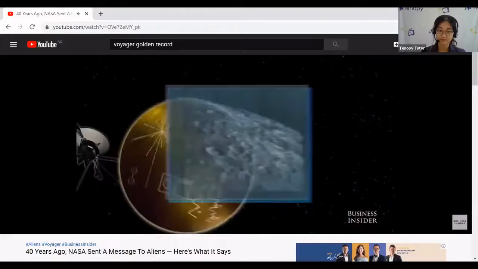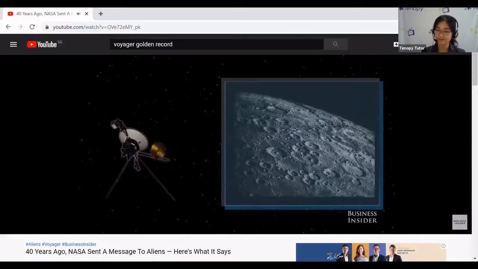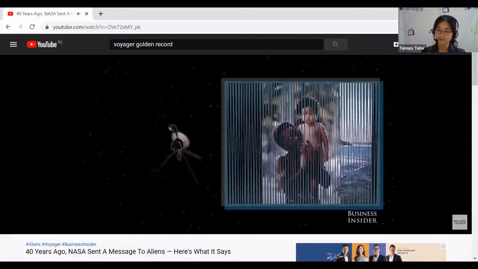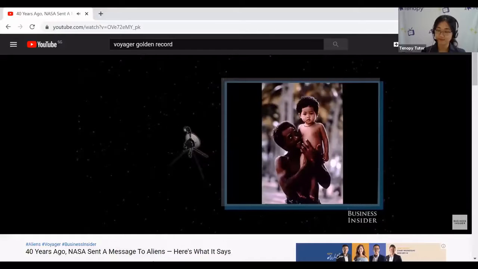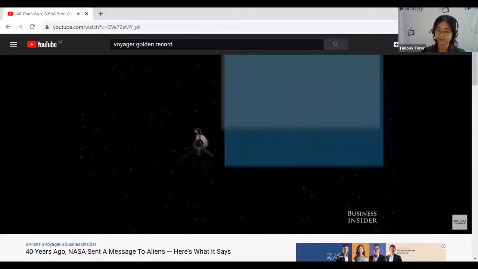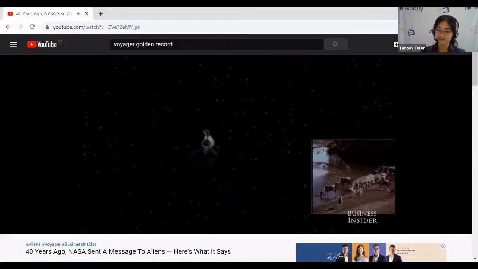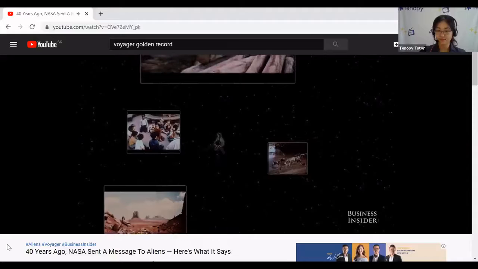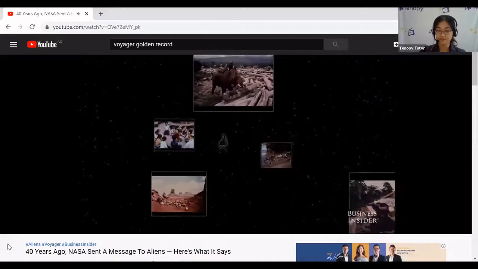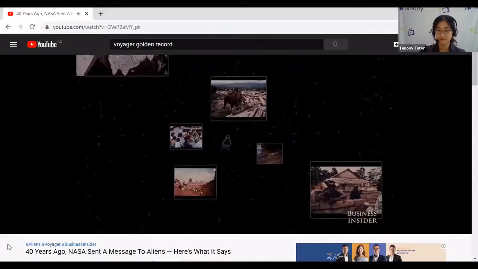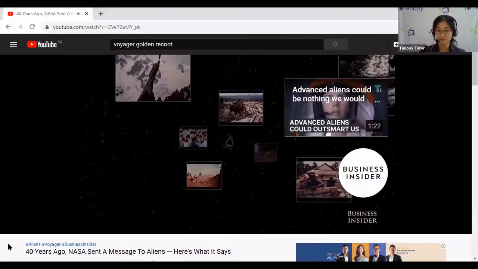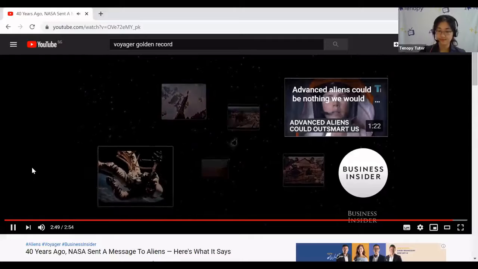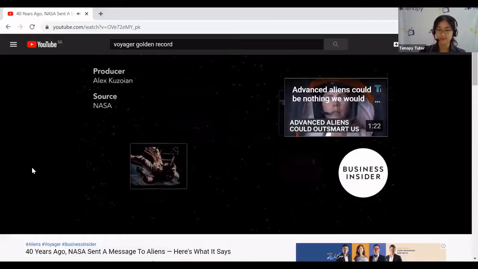In total, there are 116 images on the record. They show our solar system, our planet, and ourselves. Without much to erode it in space, the Golden Record is estimated to survive for 1 billion years, traveling aimlessly through the Milky Way. It's impossible to say whether Voyager or its twin, Voyager 2, will ever be found and retrieved by another life form. But, as Carl Sagan, who chaired the Golden Record project, put it, it would be impolite not to say hello.